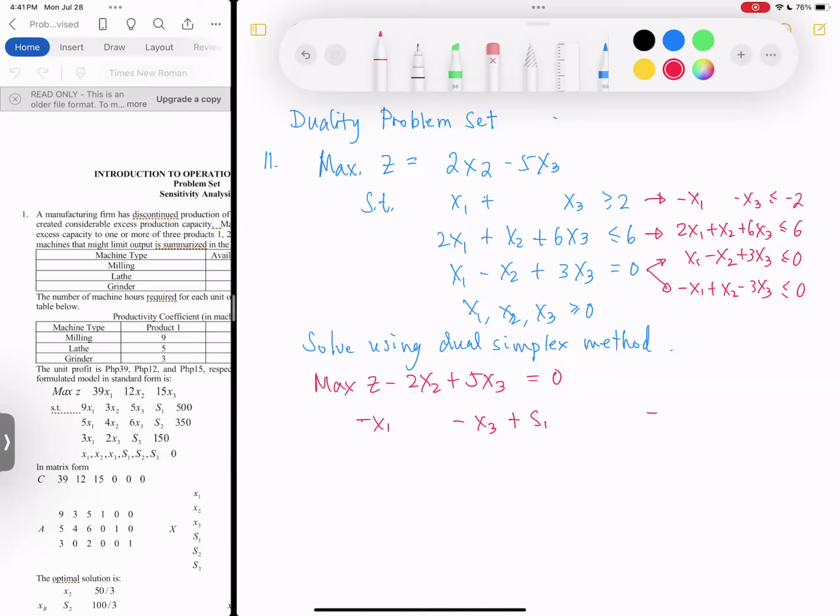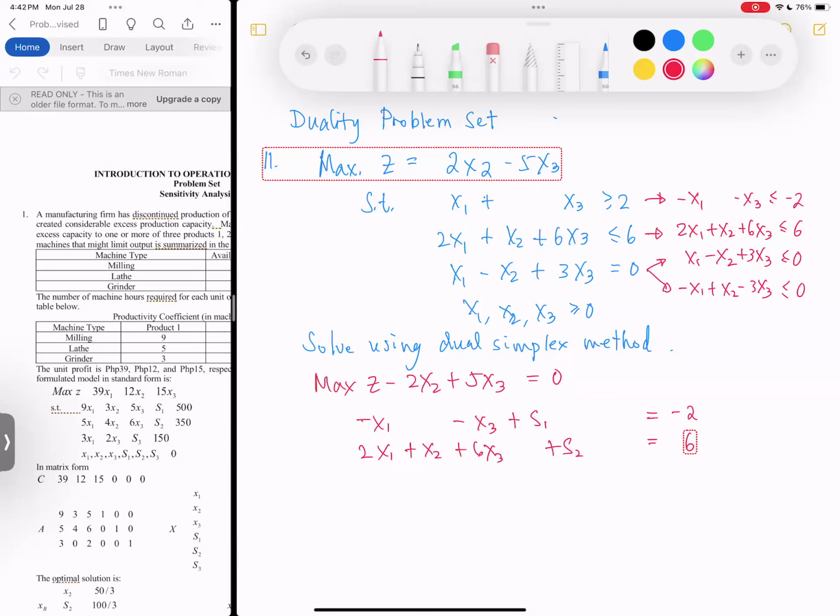We have equal to negative 2. For the second constraint, 2x1 plus x2 plus 6x3 plus s2 equal to 6. Is that right? Okay, silence means yes.